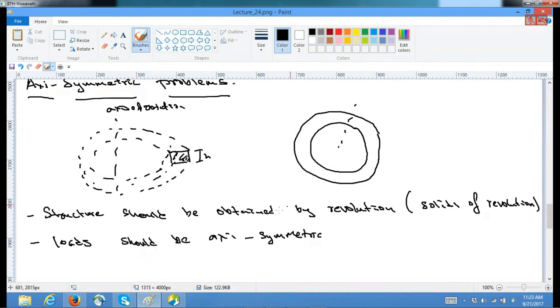That means if this is the angle I'm measuring, this cross section is the same as this cross section, and any other cross section, even though each one has a different theta, so all of them should be the same. Similarly, the loads applied at any given cross section should also be independent of theta. When somebody says axisymmetric, it means independent of theta.